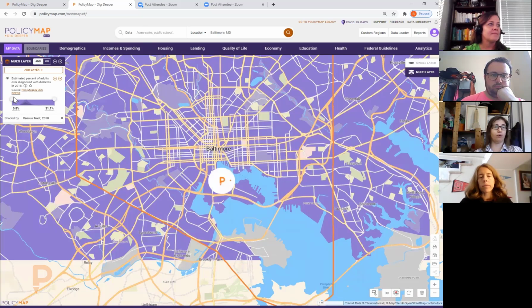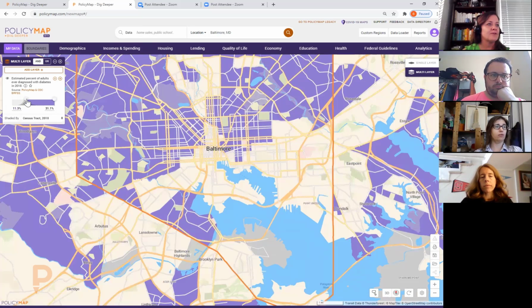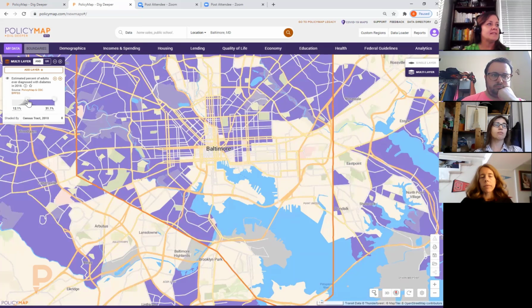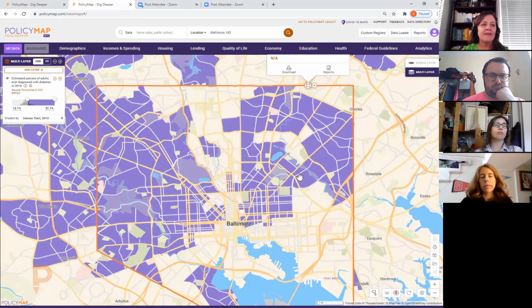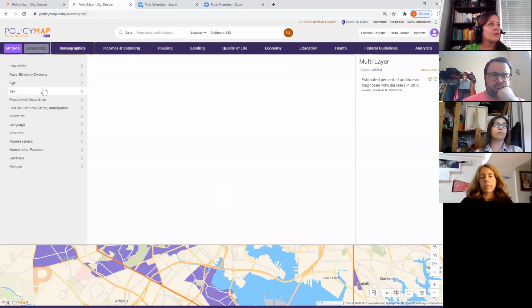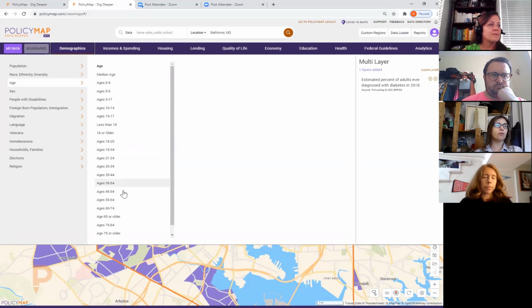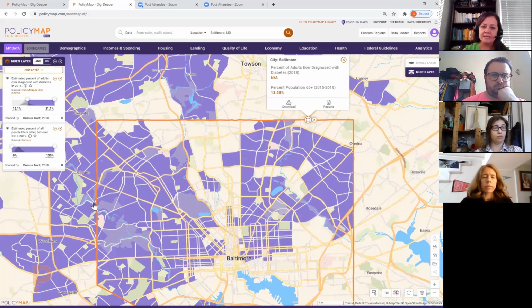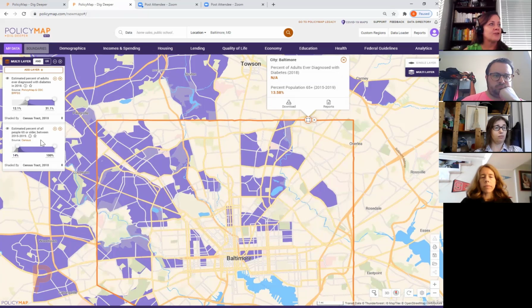Again, we can slide this over and figure out where there's a higher incidence of diabetes. And then I can start to think about age groups, so where there are a large number of people who are older than 65, in an area where there's a higher level of diabetes. We can take a look at other conditions too, so not just diabetes, maybe high blood pressure as well.